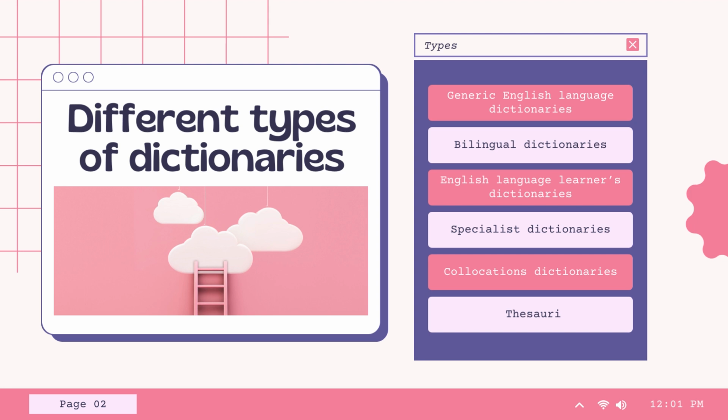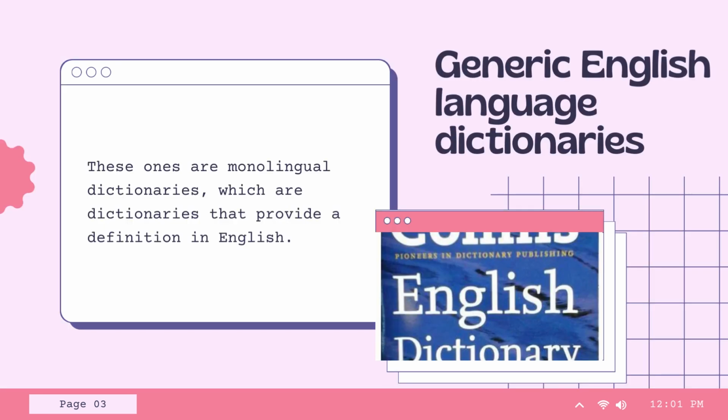Okay, we're going to be discussing each one of them, and we're going to see some examples of them. So let's begin with the generic English language dictionaries. Since we are talking about the English language, we need to know what a generic English dictionary is.